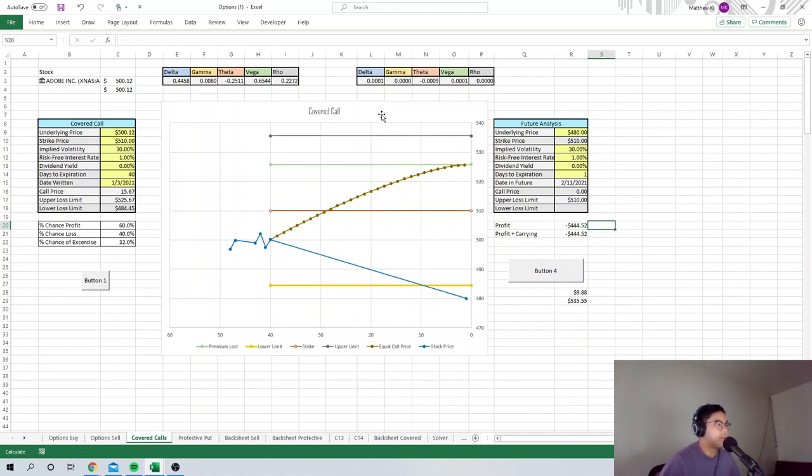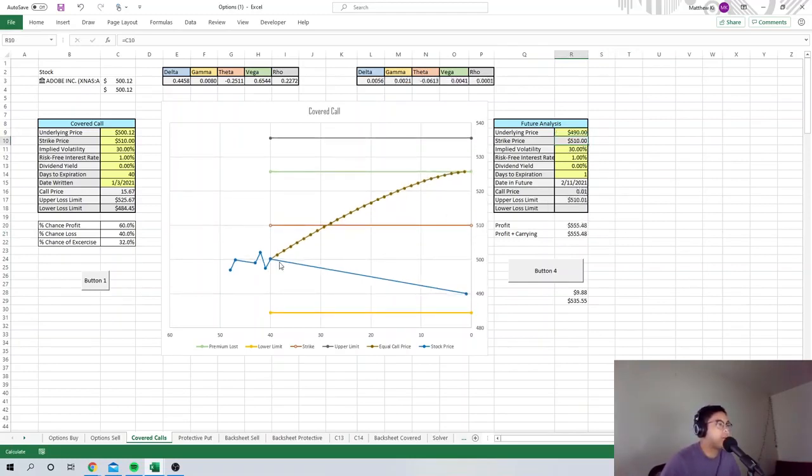If you make a graph like this, it's very easy to understand, and you can manipulate it in different ways. All right, let's go. And by the way, this line is if you want to cover your position by buying back your option.